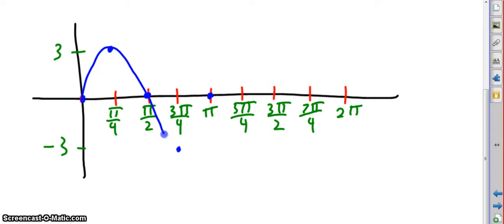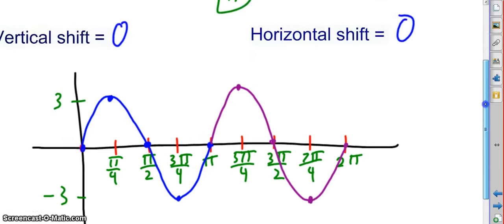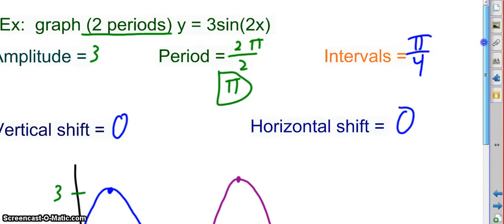So that's 1 period. We're doing 2 periods, so I'm just going to continue on with that pattern. So I go up, middle, down, middle. And I just draw the curve. So that right there is 2 periods of this function.